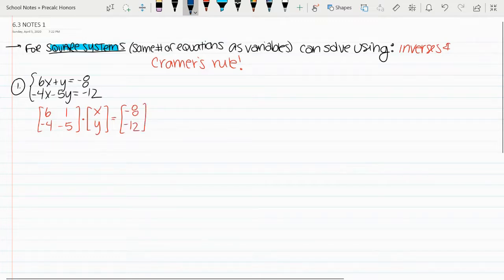So if we actually multiply these two, I'm just going to write it out, right? 6x plus y equals -8, and then -4x minus 5y would be -12. So that would be equal to that system we have above.